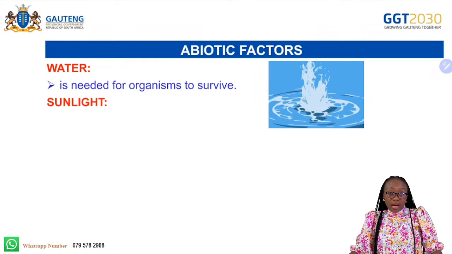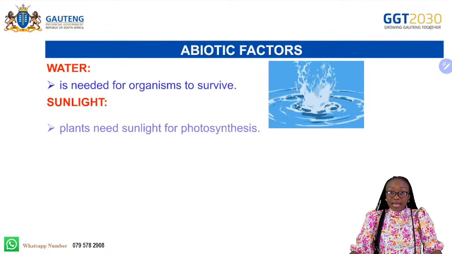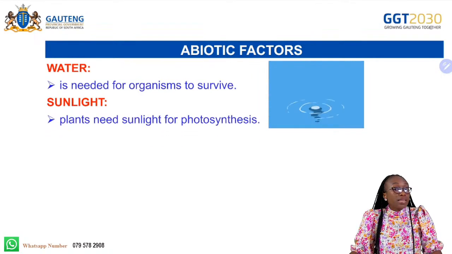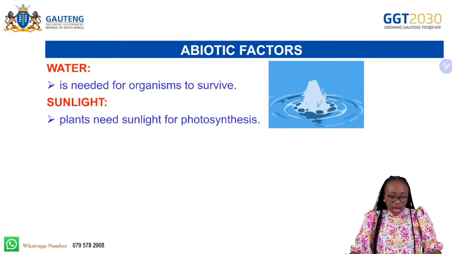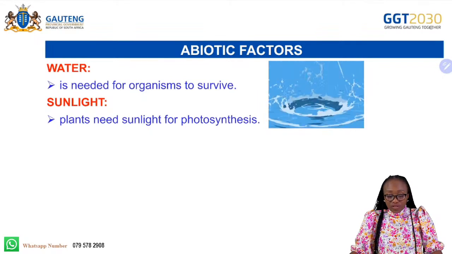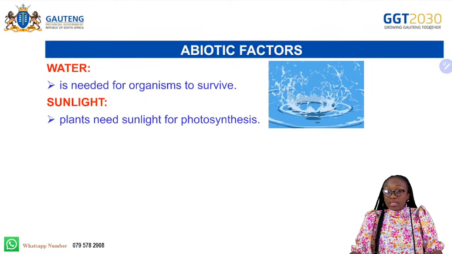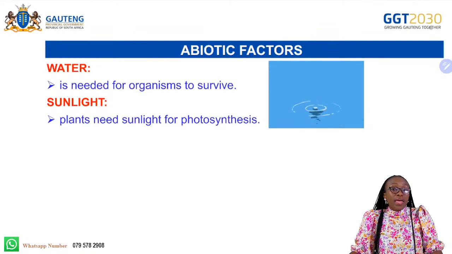Another abiotic factor is sunlight. Remember, plants need sunlight to do what? To photosynthesize. So plants need sunlight for photosynthesis, which makes it a very important abiotic factor.